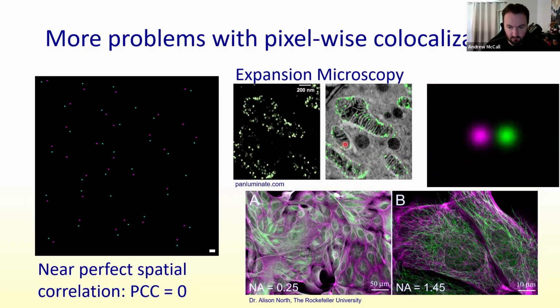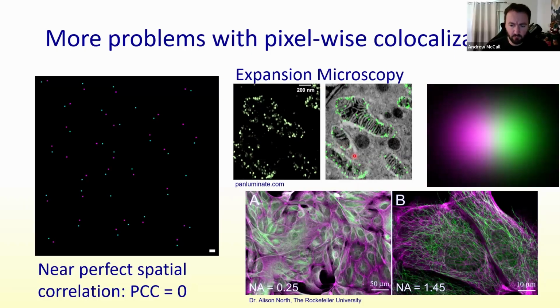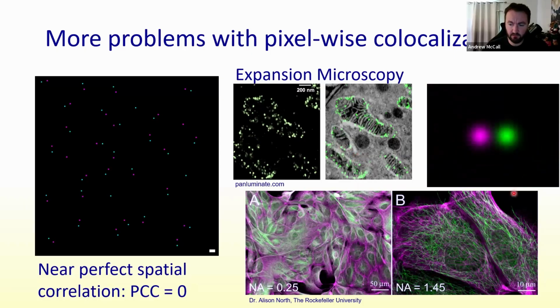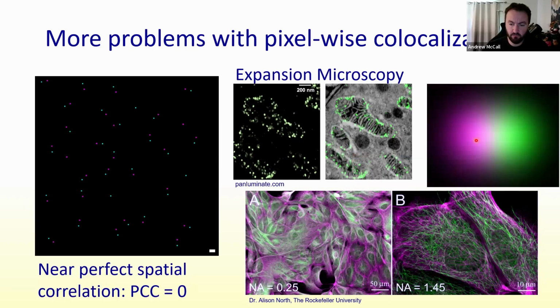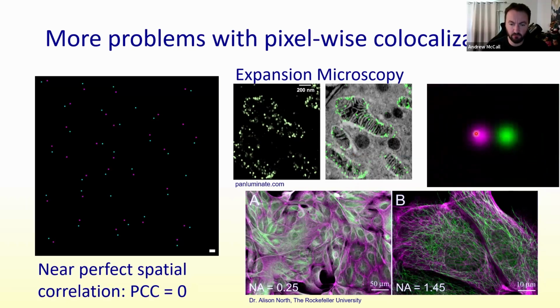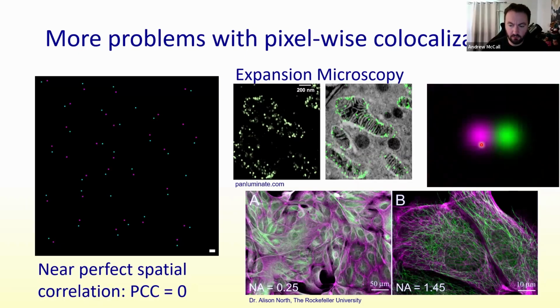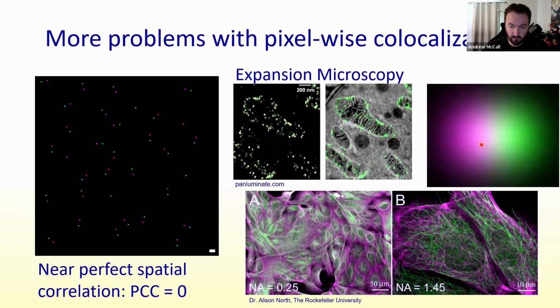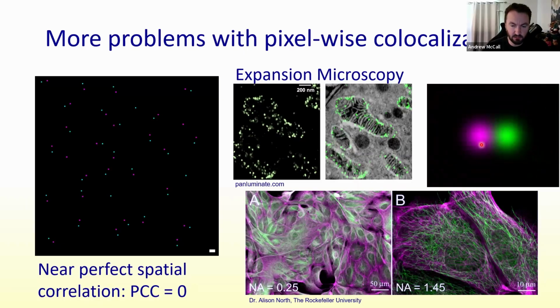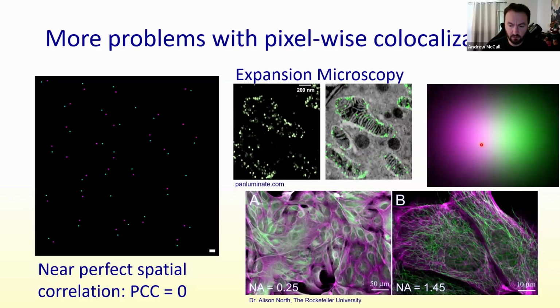Even putting aside this extreme though, this all points to a more fundamental problem with these techniques, which is that as you make efforts to improve your imaging, as your resolution goes down and down, eventually the overlap will go down and your coefficients will therefore go down. So as you improve your imaging techniques, your results will get worse.